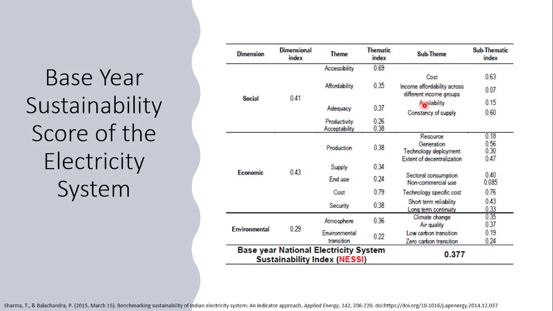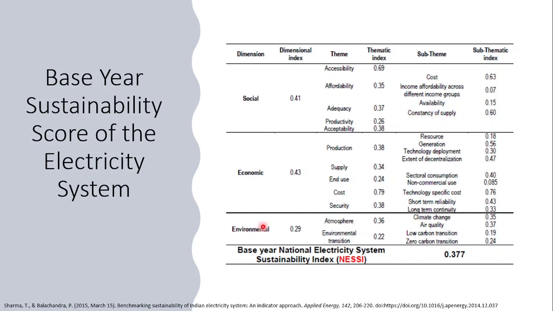The electricity should also be available. Even if you have a lot of money you are willing to spend, if there is no infrastructure availability at your place, then obviously you cannot access it. And then you have constancy of supply. These are sub themes. Constancy of supply means fewer power cuts and so on.